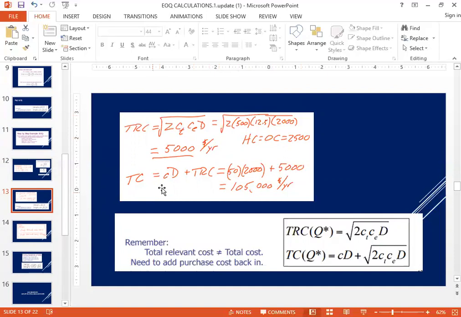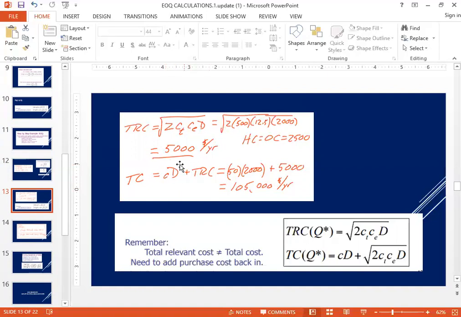The total cost is going to be the purchase cost, C into D, plus the TRC. Again, this is just a moderated way of showing you. If you recall, the only difference between the total relevant cost and total cost is that there's an element of purchase cost that's added on when you're calculating the total cost.